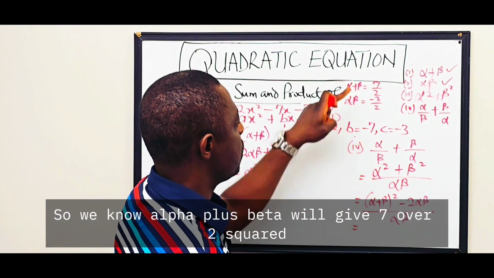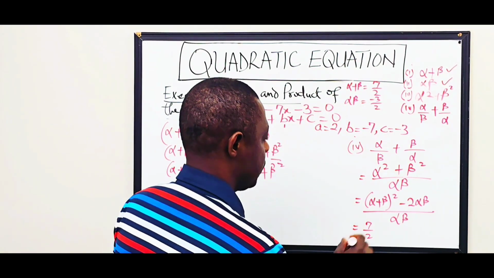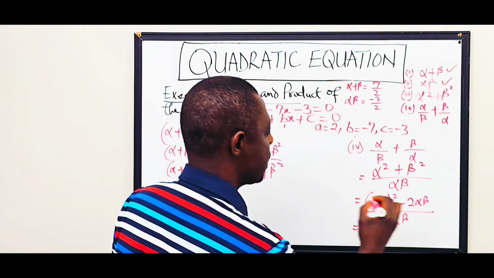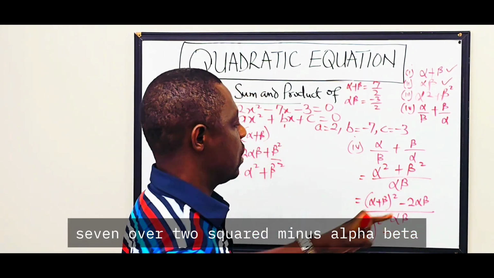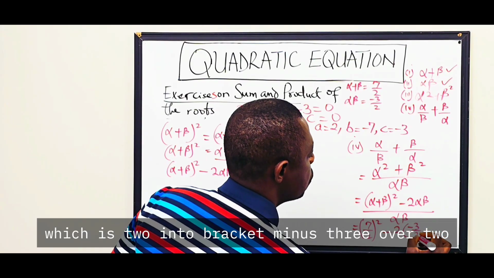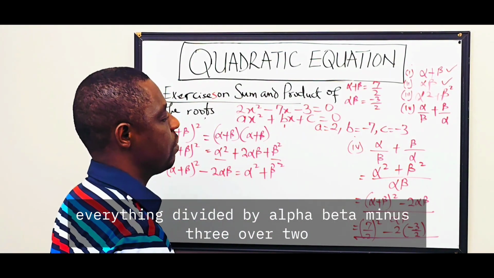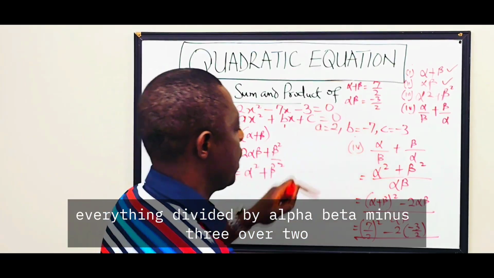So we know alpha plus beta will give 7 over 2 squared, minus 2 alpha beta, which is 2 into bracket minus 3 over 2. Everything divided by alpha beta, minus 3 over 2.